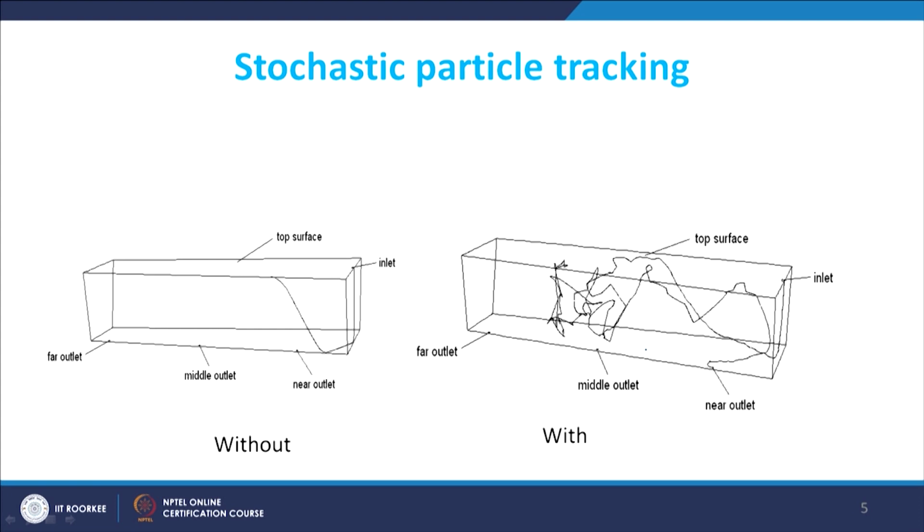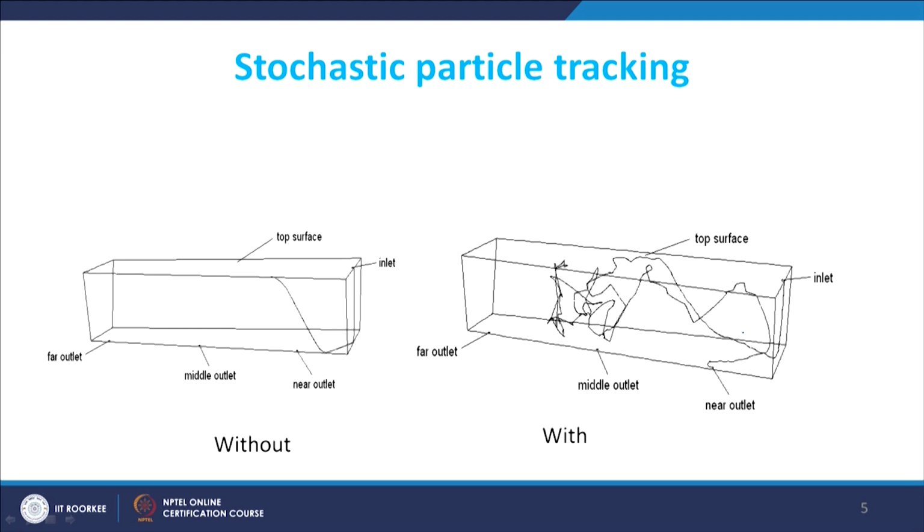In practical cases, this is more like what actually occurs. Because of the implementation of that stochastic algorithm, the particle will move inside for a longer duration, and then it will have the chance to get floated.